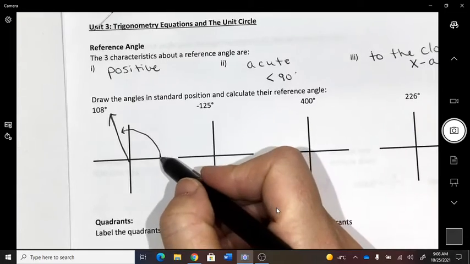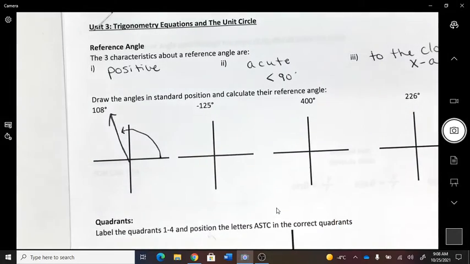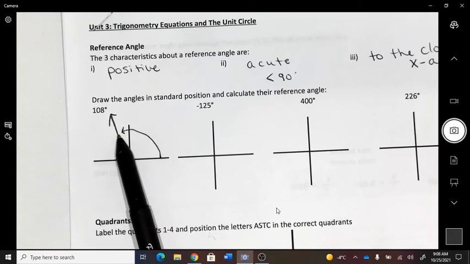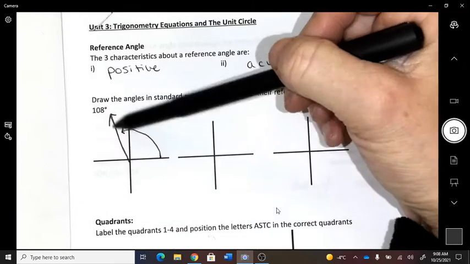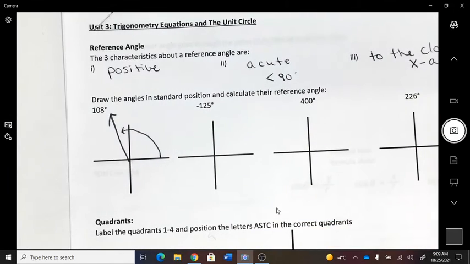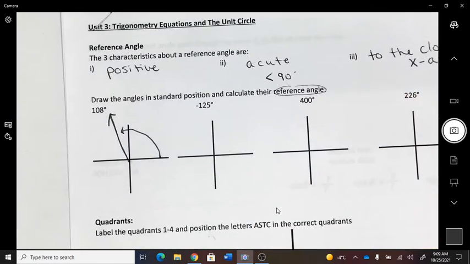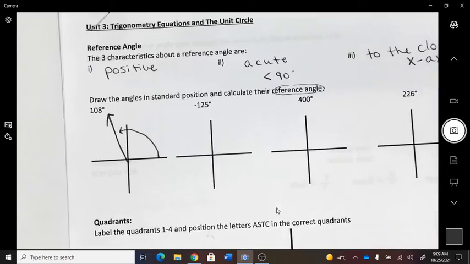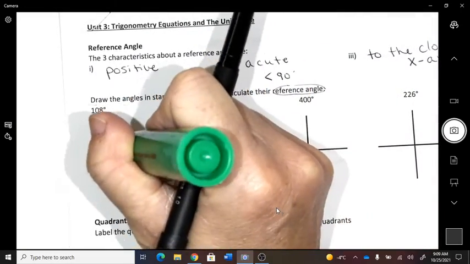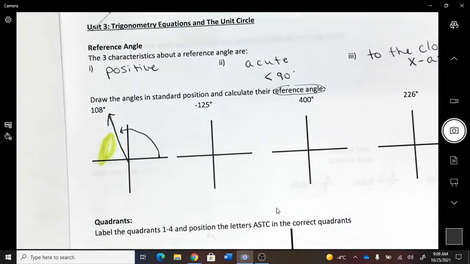Did you also notice how I drew this swivel arrow? When you draw, you get a point for the direction of your swivel, and you get a point for finding the correct spot. What is the reference angle? It asks for the closest x-axis away. So I want to know the distance in this zone right here.